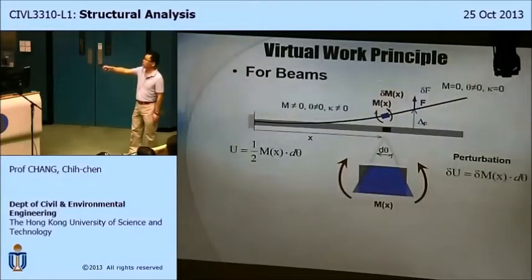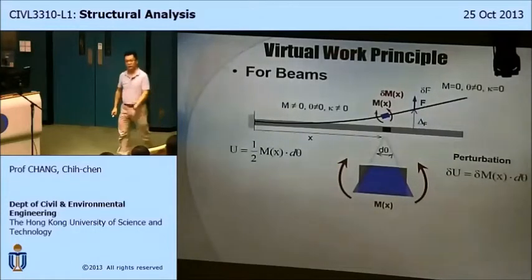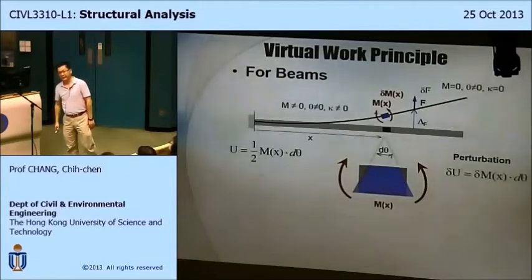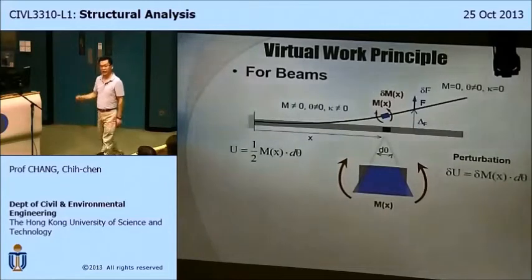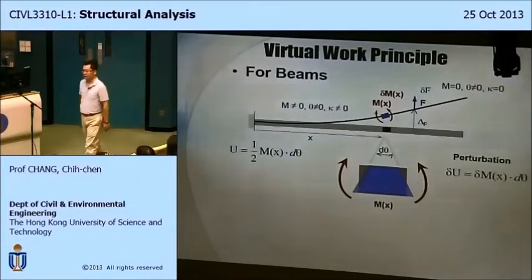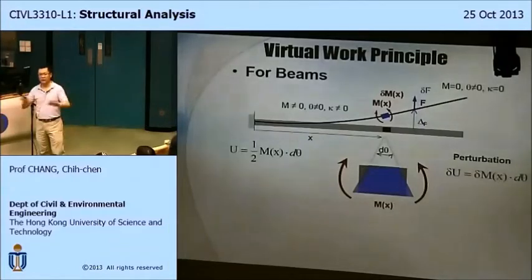This virtual force induces a virtual moment, and this virtual moment is going to do some virtual strain energy inside the structure. And just like before, this virtual strain energy is established under the assumption that all the other conditions remain unchanged, and deformation remains unchanged.